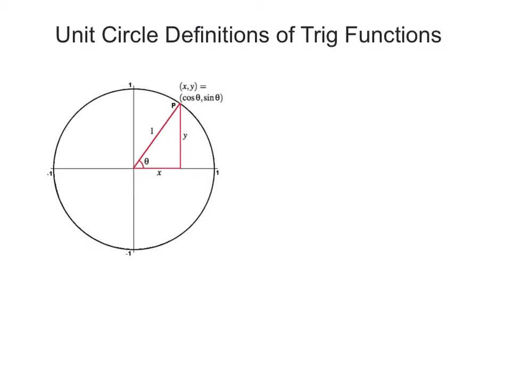Any point on that circle can be represented in terms of trig functions based on this angle right here. And in this graphic we use theta rather than alpha for our angle. And once again we see the right triangle being used. The x represents our horizontal and the y the vertical, but because of that we have our right triangle, and all of the right triangle definitions would fit in this as well.